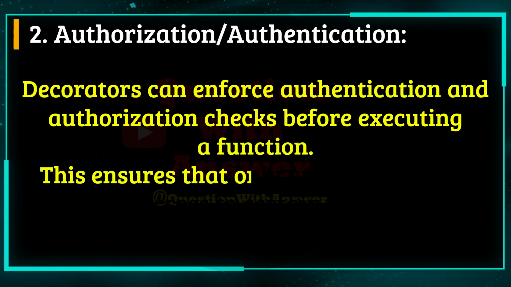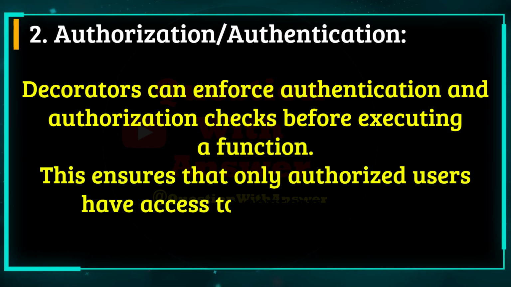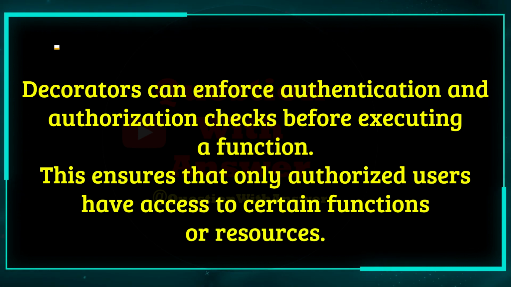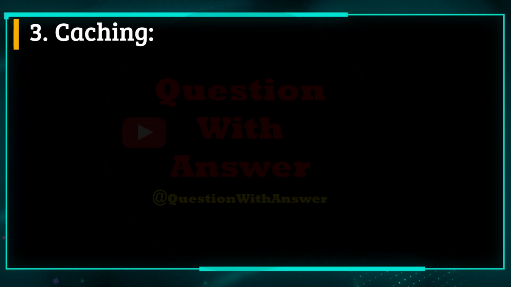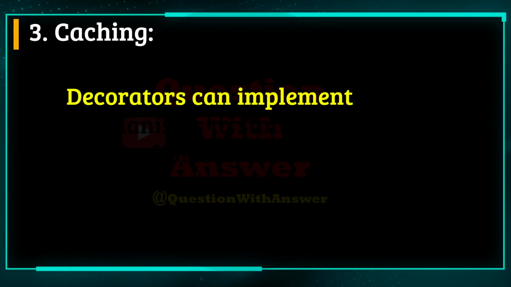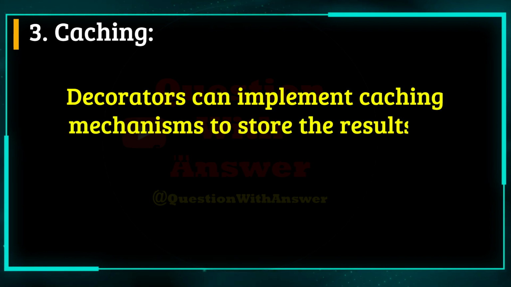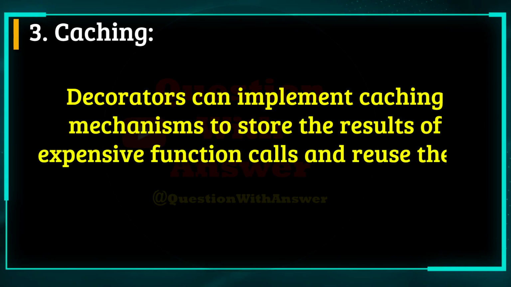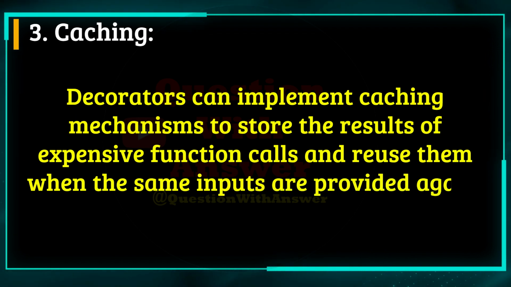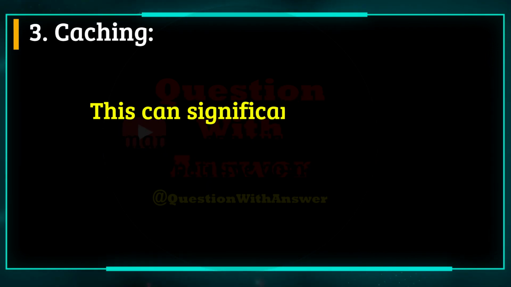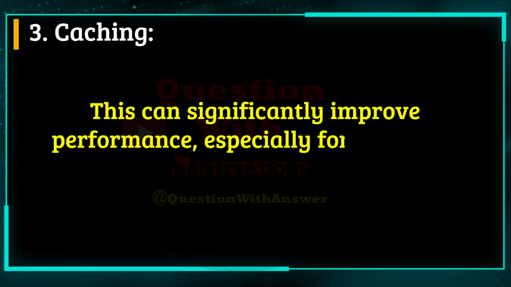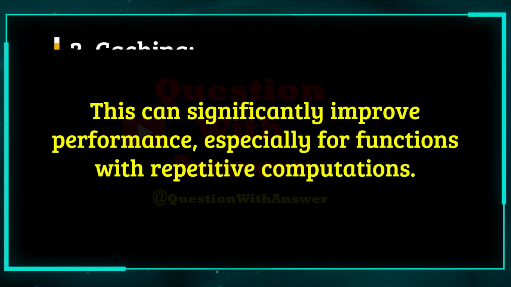This ensures that only authorized users have access to certain functions or resources. 3. Caching. Decorators can implement caching mechanisms to store the results of expensive function calls and reuse them when the same inputs are provided again. This can significantly improve performance, especially for functions with repetitive computations.